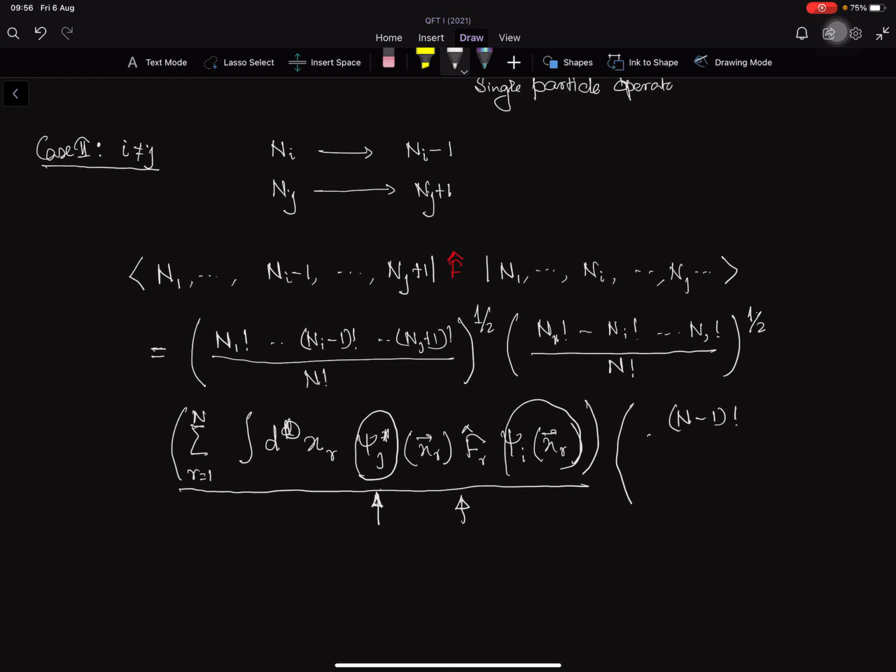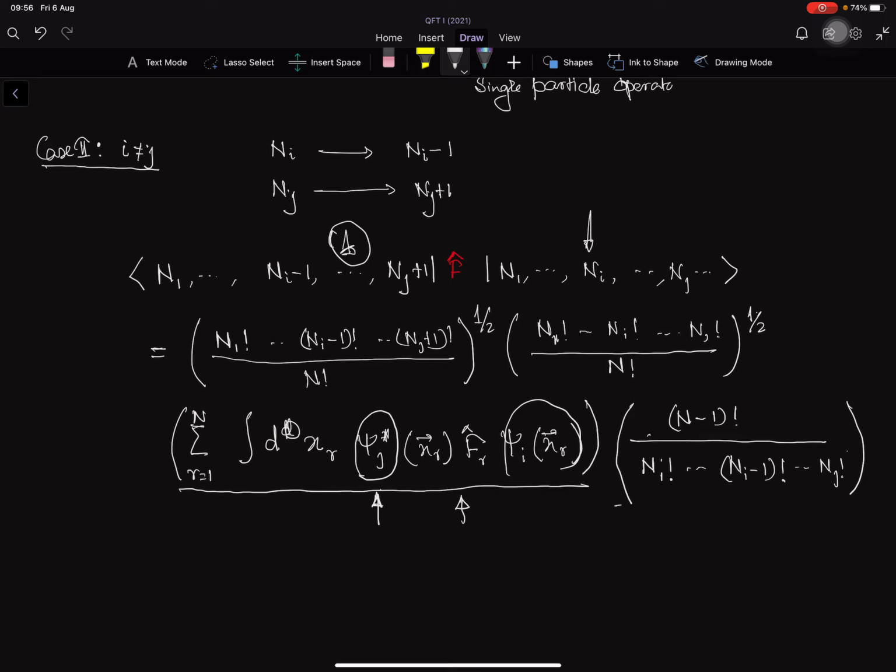So we are left with n minus 1 particles, so n minus 1 factorial, and from that n1 will go to state 1, ni minus 1 factorial will go to state i, and nj factorial will go to state j. I'm just looking at this part, because the other part will be automatically fixed by orthogonality.